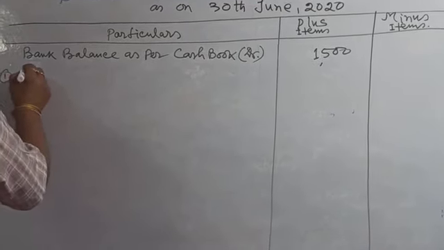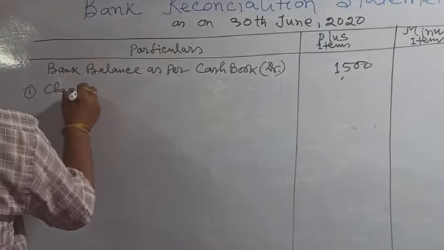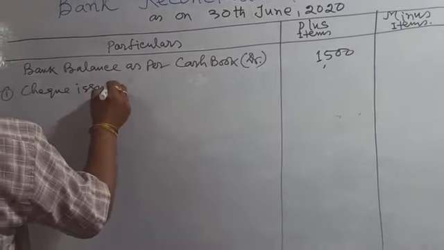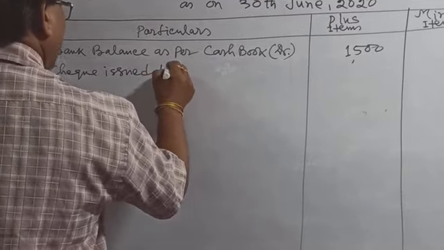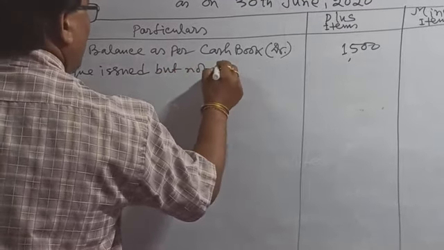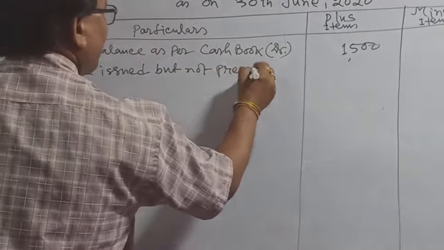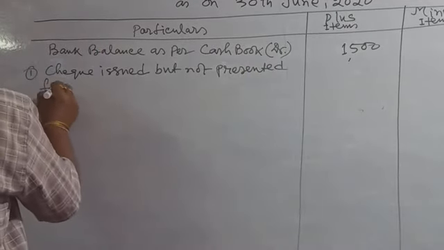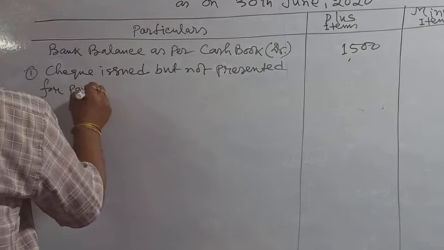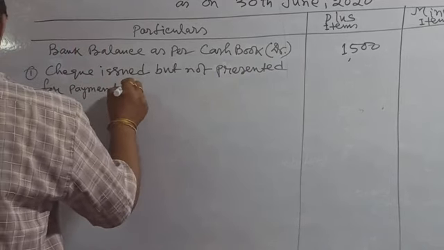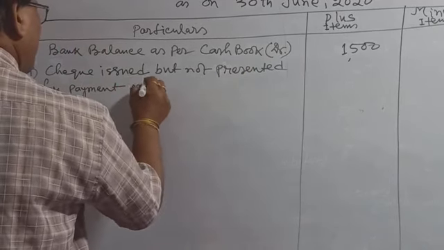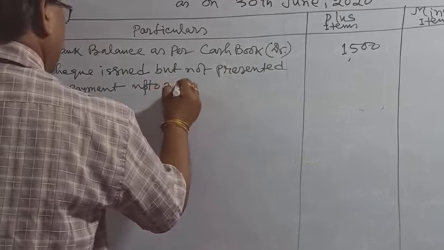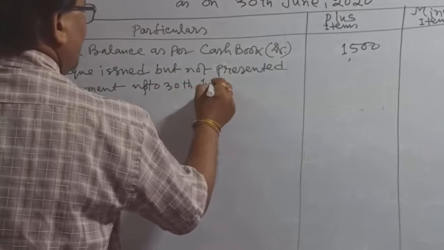You write: check issued but not presented for payment up to 30th June.